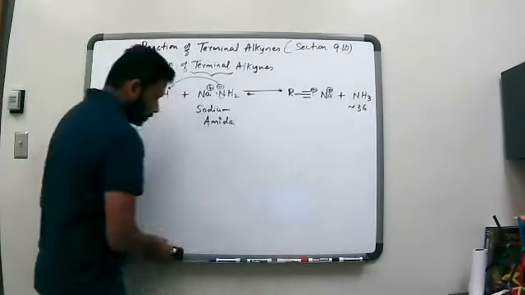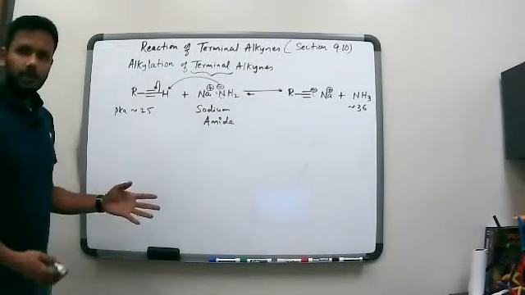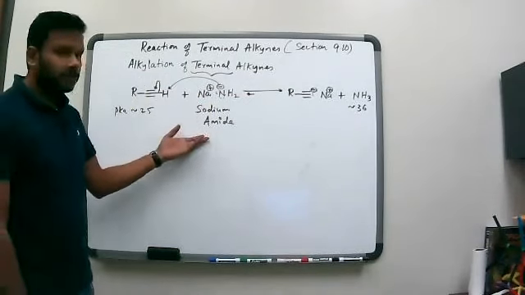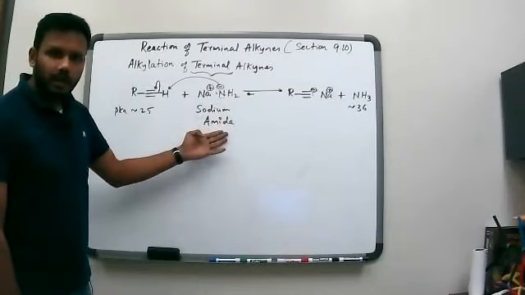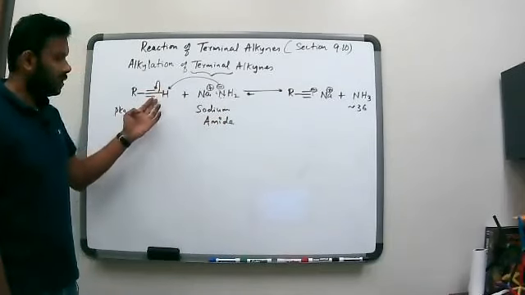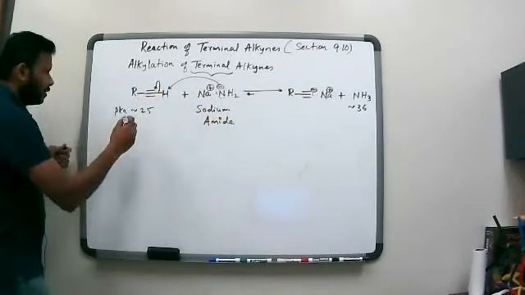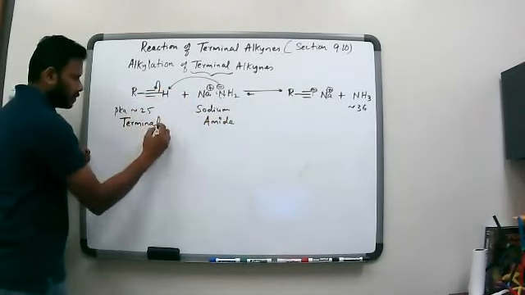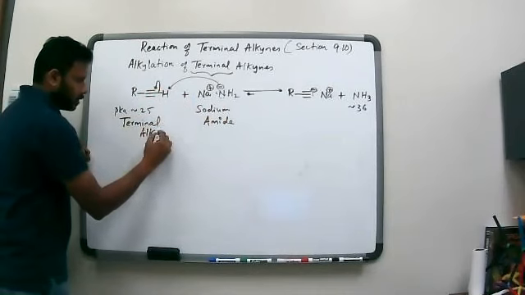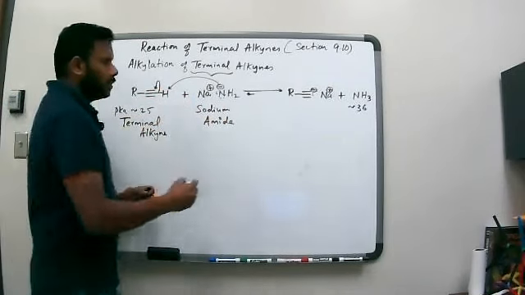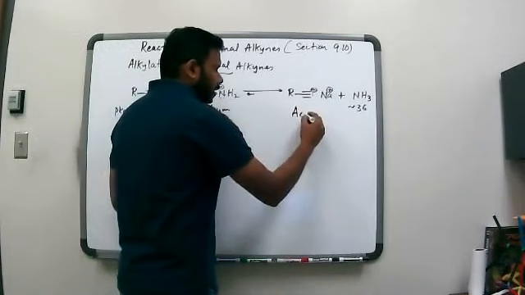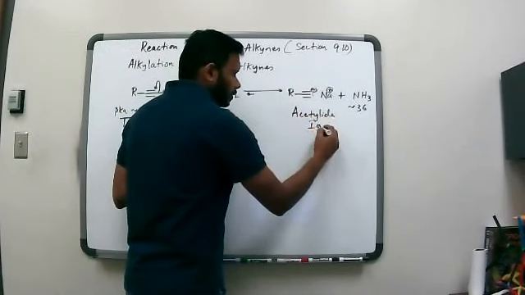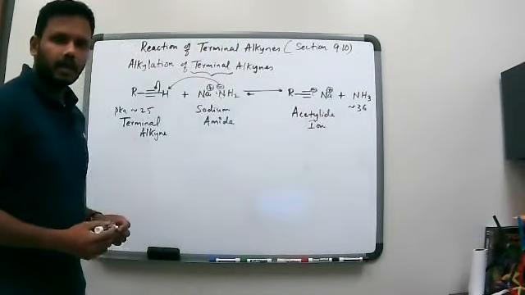So we can use sodium amide. I think this is the most common example. You can use sodium amide as a base to deprotonate a terminal alkyne and generate an acetylide ion.